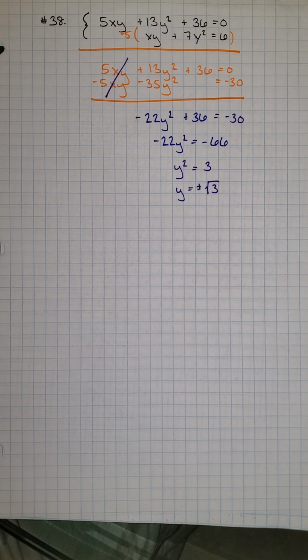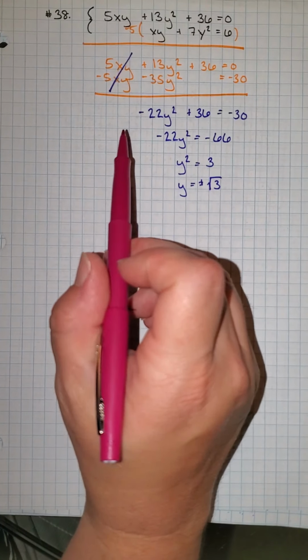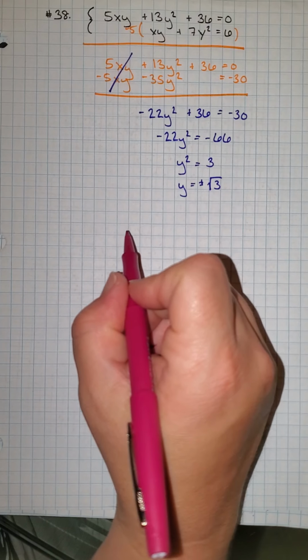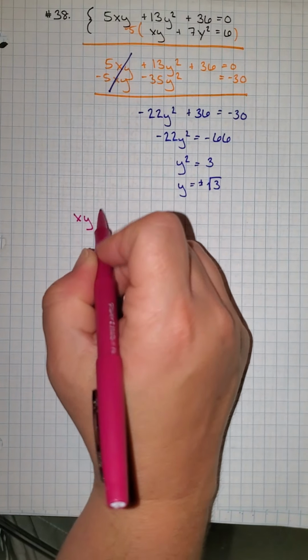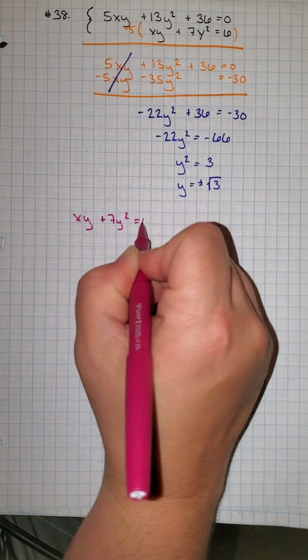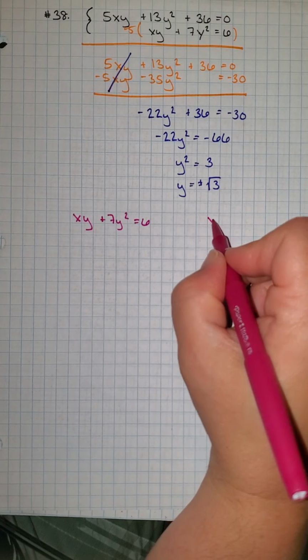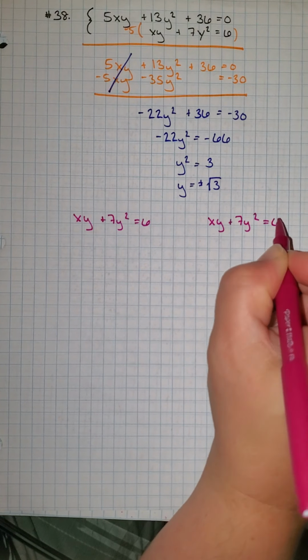Alright, so now we need to figure out what our x equals, if y is a positive or a negative square root of 3. I'm going to pick an equation. I'm going to pick the shorter one. I'm going to use xy plus 7y squared equals 6, plus it has just one x in it, which in the long run that'll make it easier.